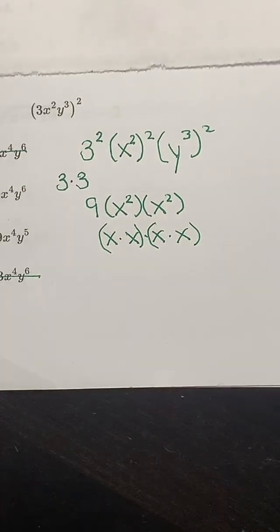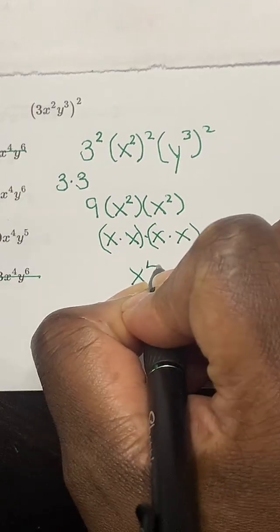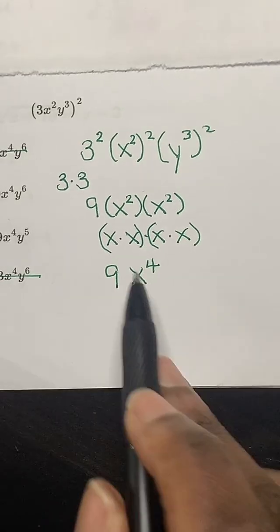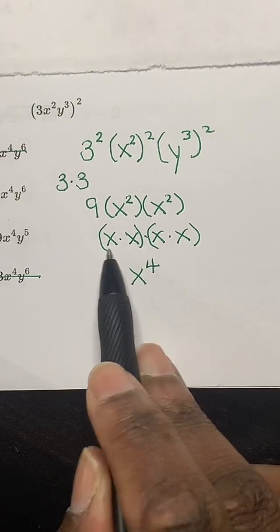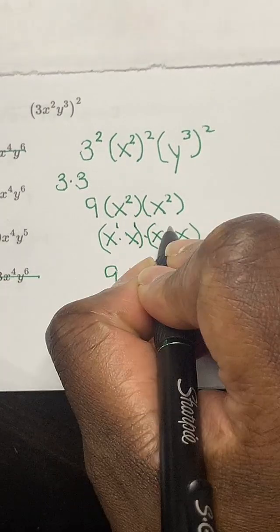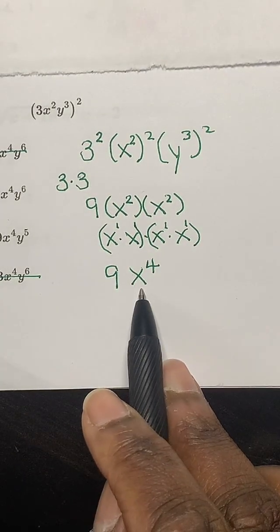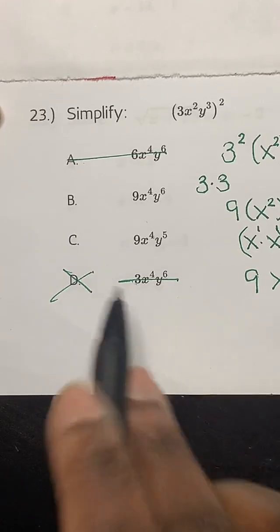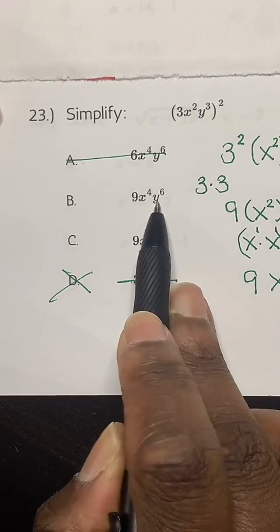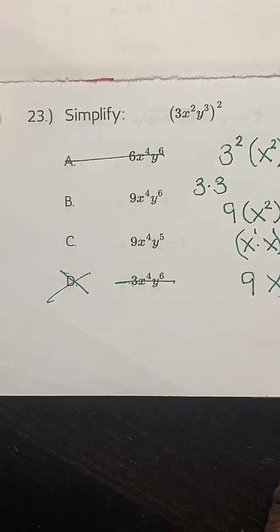How many x's do I have there? I have, me personally, a lot of x's. Just breaking hearts back in the day. So we have x times x times x times x. We're adding the exponents, which gives me x to the 4th. Right now, both of them have x to the 4th. The difference is y to the 6th or y to the 5th.